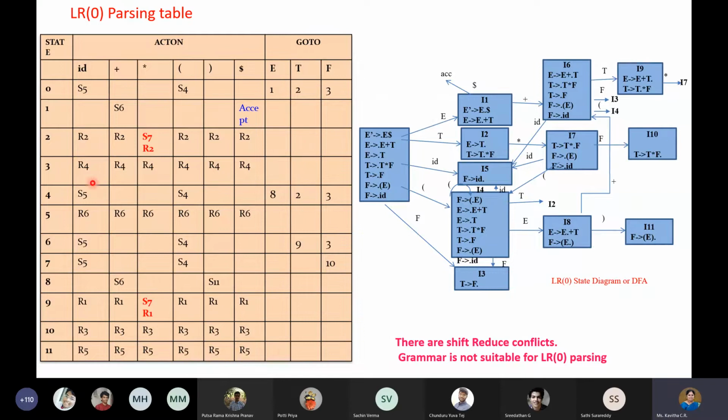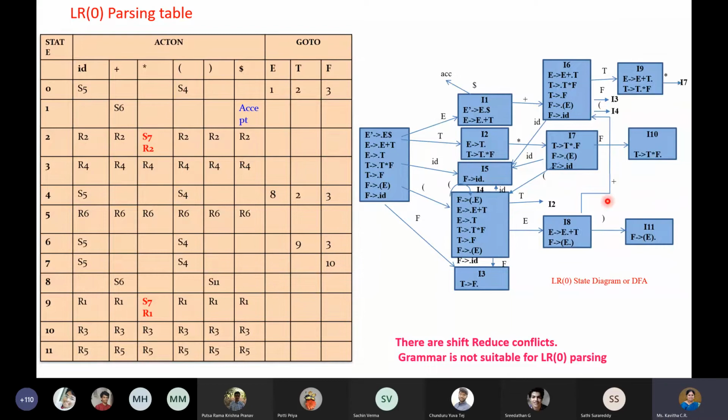Okay, so you see that rule number 1 is applied somewhere, rule number 2 is applied somewhere, rule 3, rule 4, rule 5, and rule 6 are also applied. This is a complete table now, meaning all the transitions I had in my diagram have been taken care of in the parsing table.